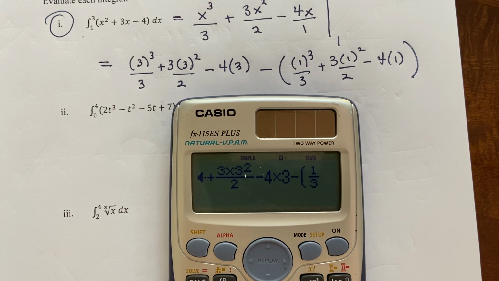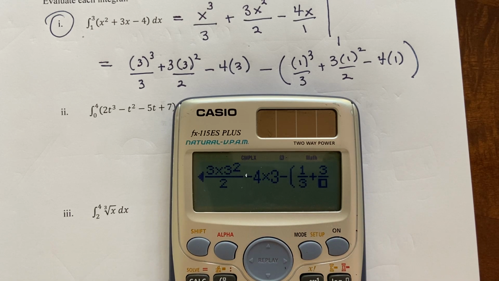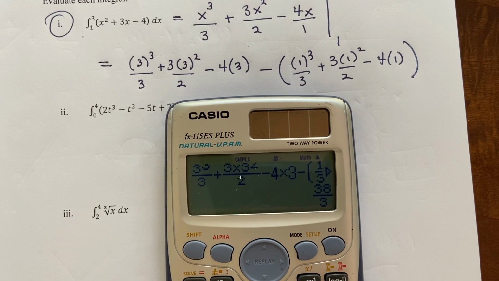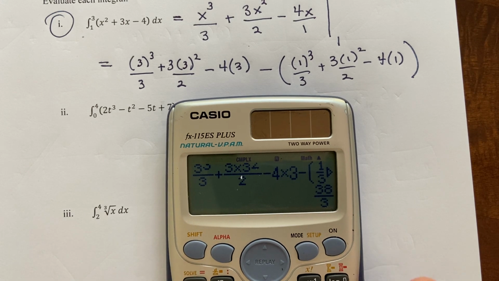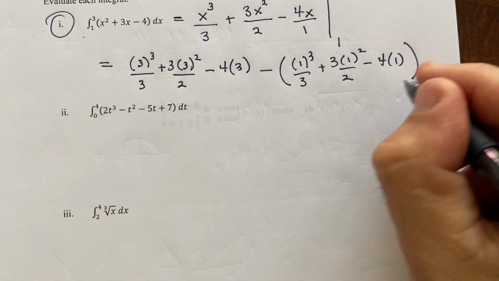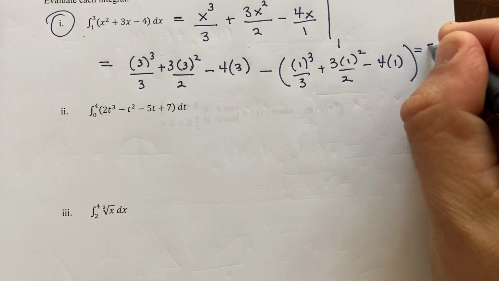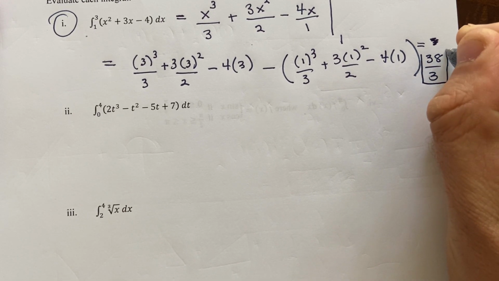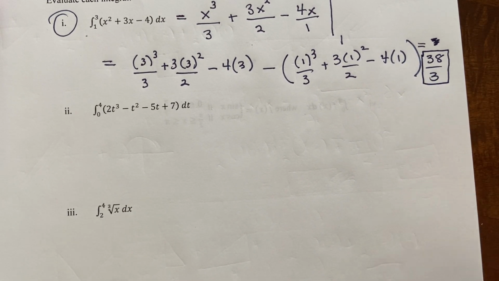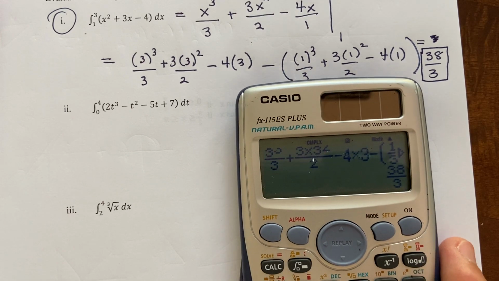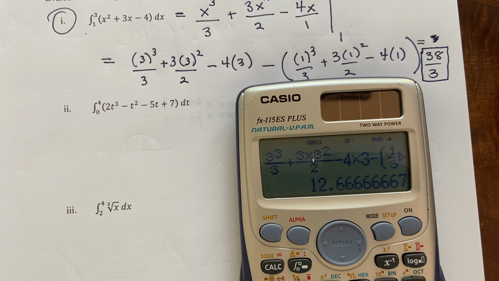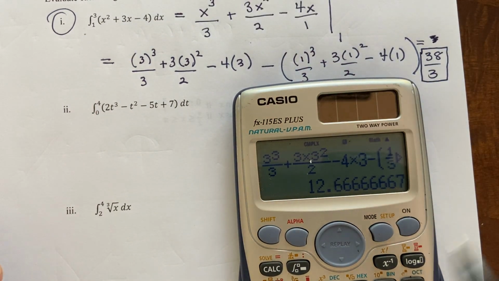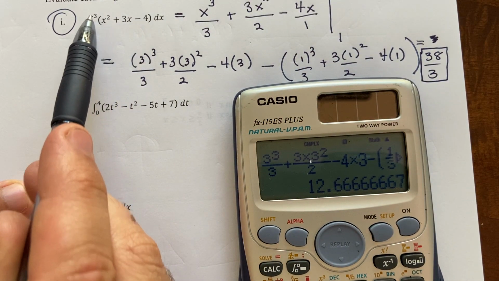This will be 3 halves. And then minus 4, end parentheses. So I get 38 thirds. Okay, so that would be the number for the area under the curve of this function from 1 to 3.